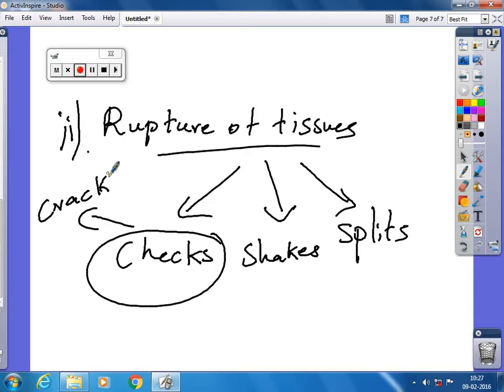Now about split. Split is a separation of timber which extends from one face to the other.